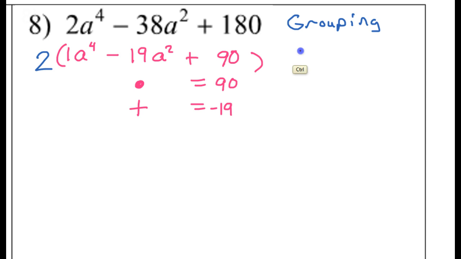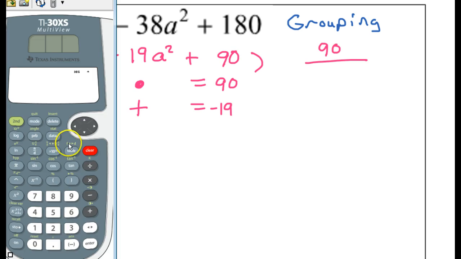So next I'm going to take the product and make a list of all of the ways I can make that product. Now I feel like I could do a pretty good job of doing this just from my head. However, this number is sufficiently big that now would be a good time to show you the calculator trick. I can use the calculator to generate my list by hitting the table button.